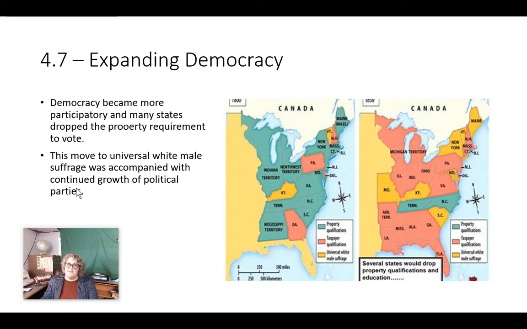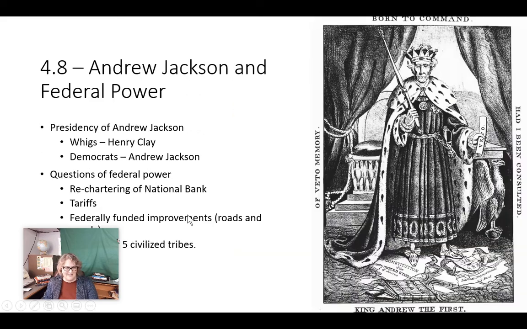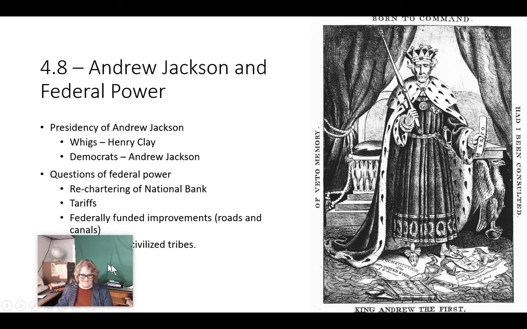Along with this change is the continued growth of political parties. And this move is going to spur the rise of a populist, somebody who is supported at the grassroots level by voters, and that is going to be President Andrew Jackson.